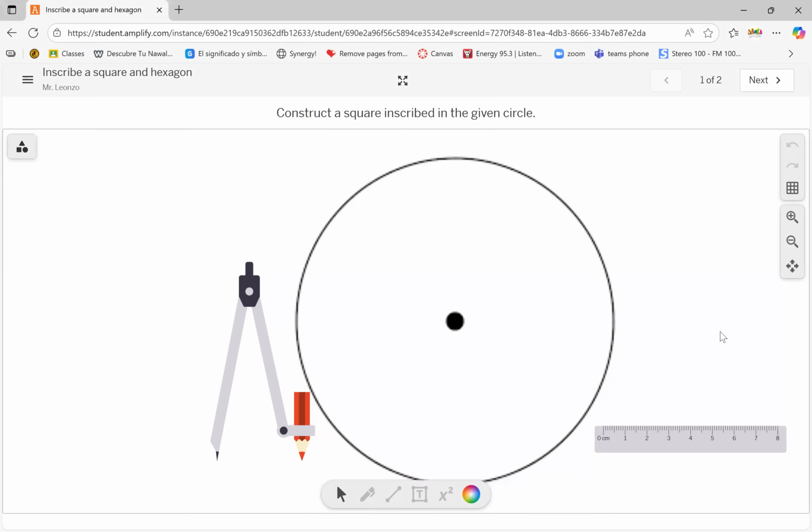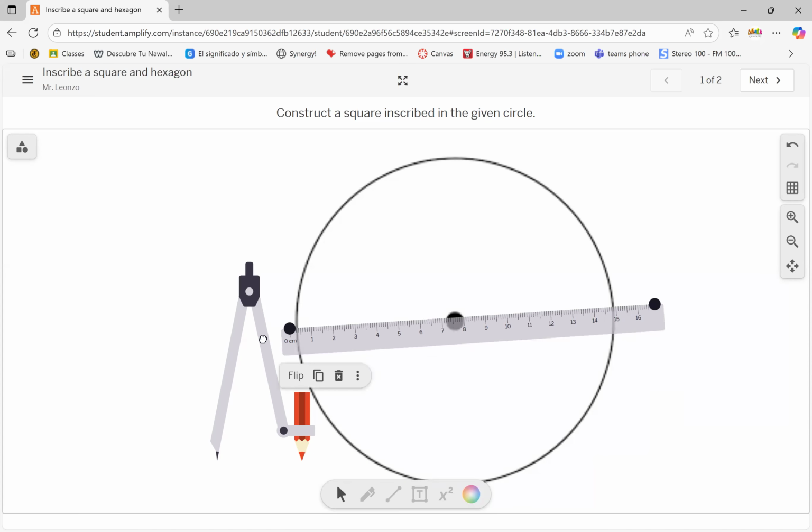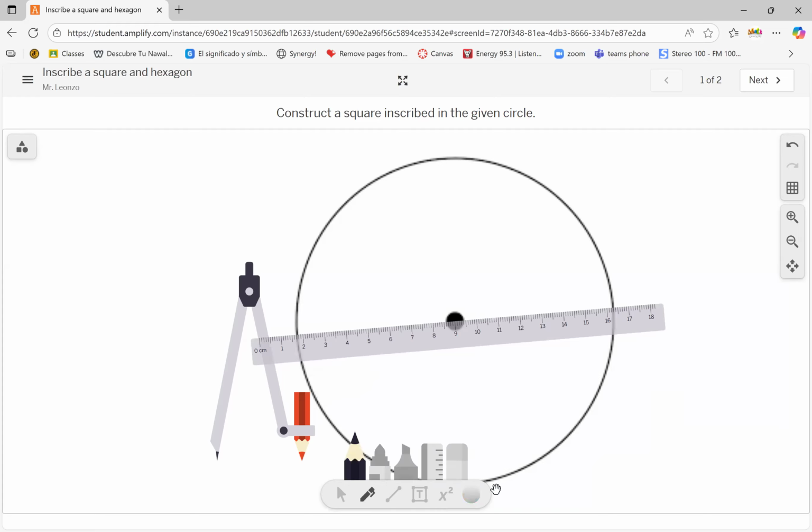Okay. So here, construct a square inscribed in the given circle. Okay, now let's take a look how we're going to do this. What I need to do, first of all, let me draw a diameter. So I'm going to grab my ruler. It goes through the center of the circle. I'm going to use this marker.